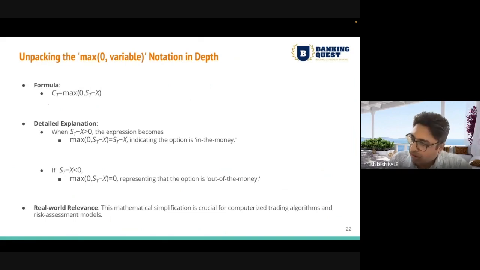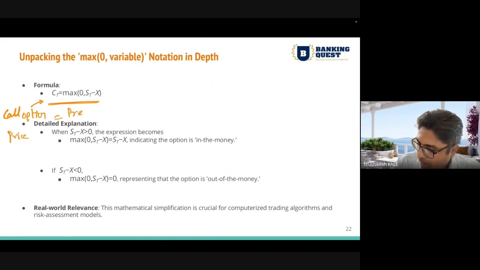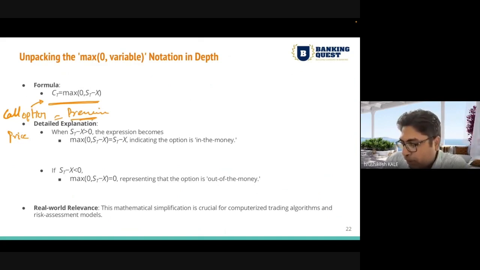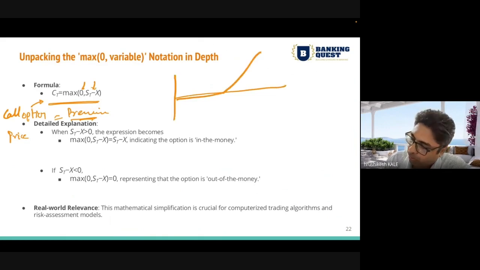Now let us understand this formula in depth. This CT is nothing but call option price, which we will even call the premium. The payoff is max of 0 and ST minus X. Now, this is easy.